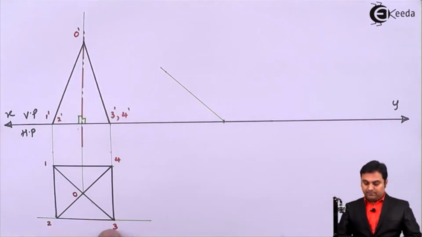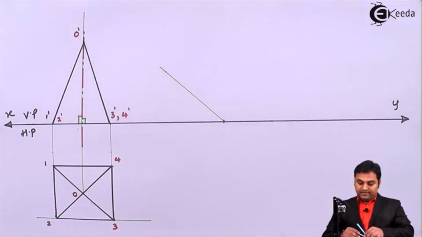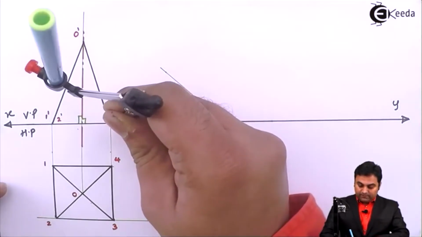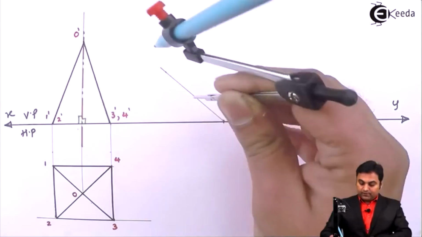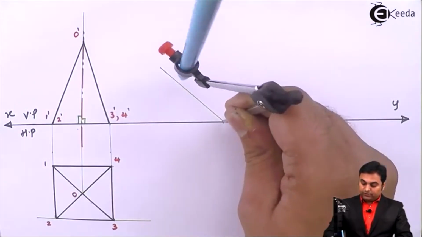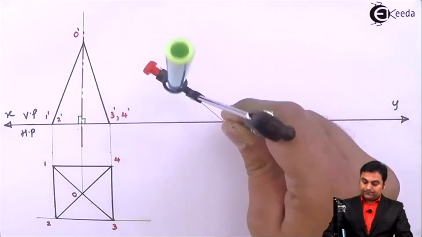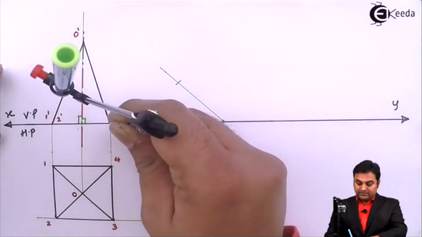So first thing is I'll mark the base. Base is up till here. I'm keeping the point and marking this base. The same distance I'll be plotting it here. Then axis.